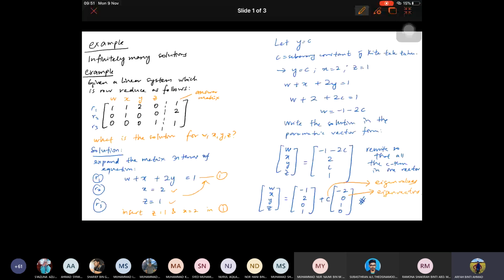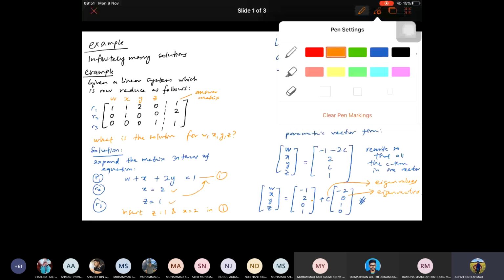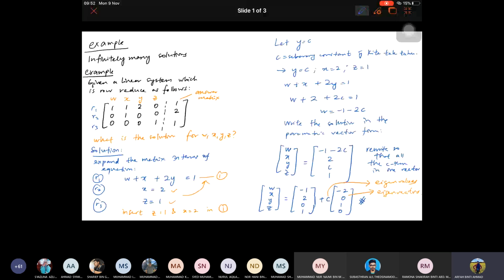So kalau awak kembangkan matrik ni, negatif 1 tolak 2C dapat untuk W. 2 tambah C darab 0 dapat untuk X. Lepas tu 0 tambah C is C, so awak dapat untuk Y. And then Z sama dengan 1, 1 tambah C darab 0 is Z sama dengan 1. Okay, this is how you are going to get the idea of eigenvalue and eigenvector for the case where you have many solution tapi kita tak nampak dengan nyata.